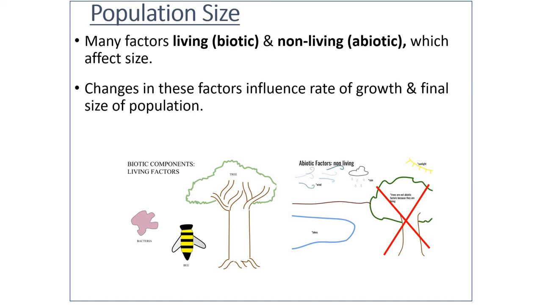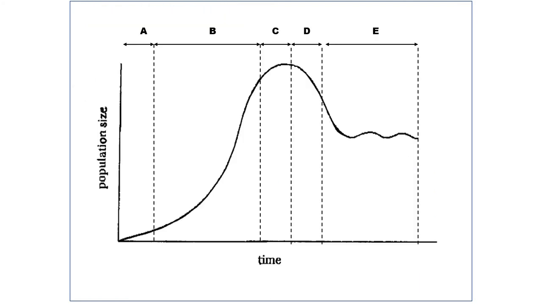And then you've got abiotic, or non-living, factors such as sunlight availability, rainfall, wind, pH, etc.